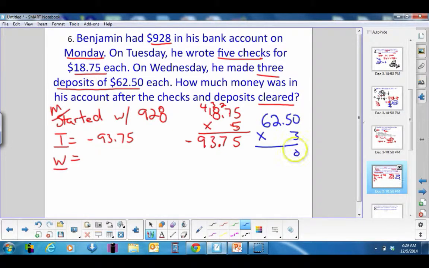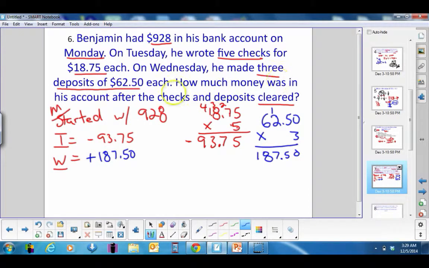Okay, 0, 5, carry the 1, 15, carry the 1, 2 times 3 is 6 plus 1 is 7, 6 times 3 is 18. Okay, 2 numbers after the decimal point, so I have to move it 1, 2. So on Wednesday he had a plus of $187.50, because when I make deposits, I'm putting that money into my account.